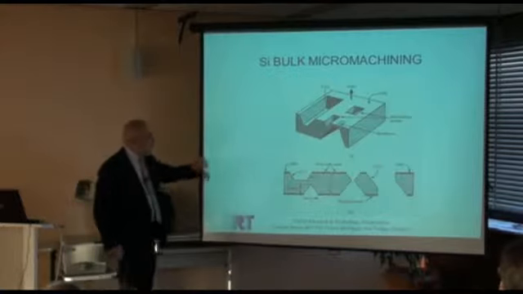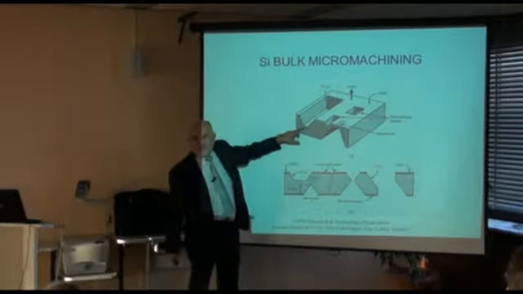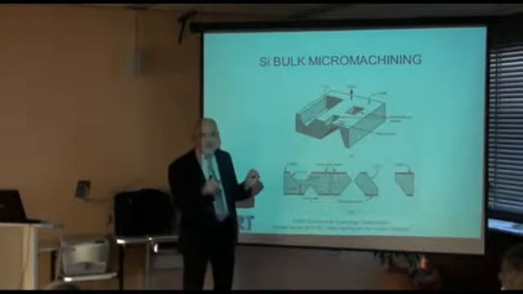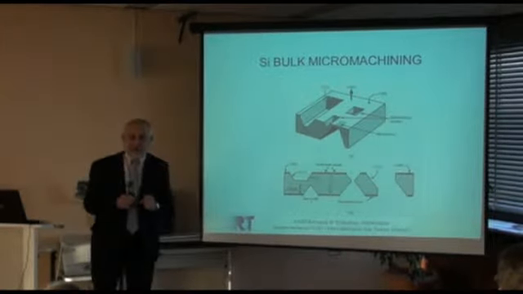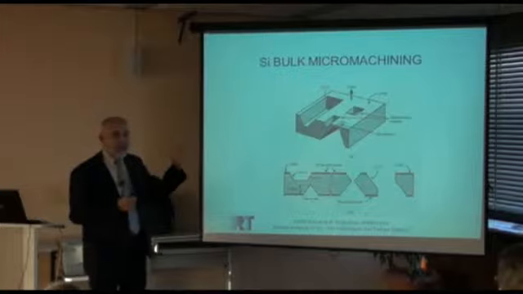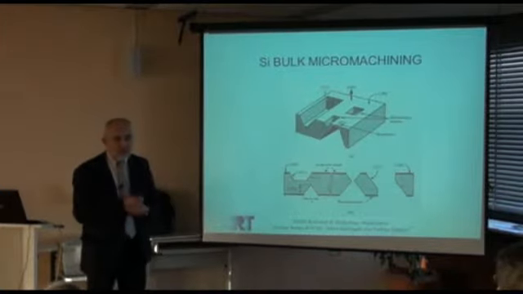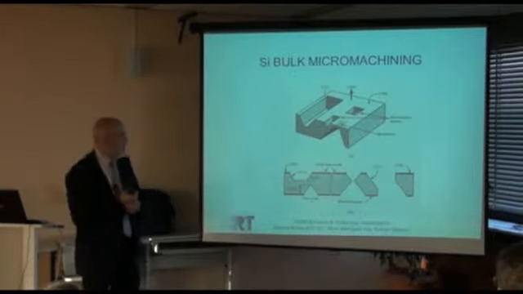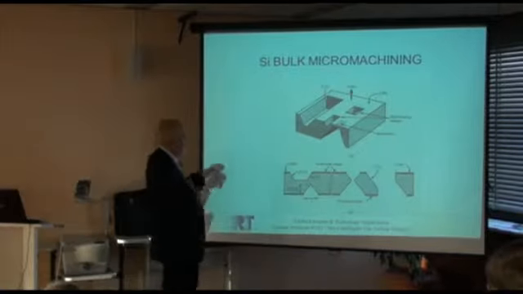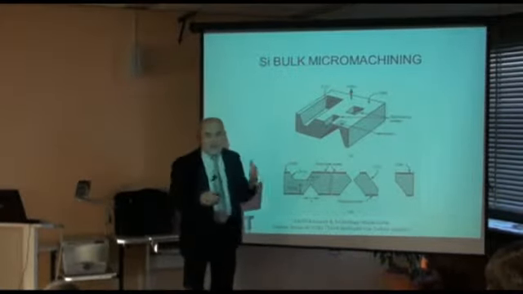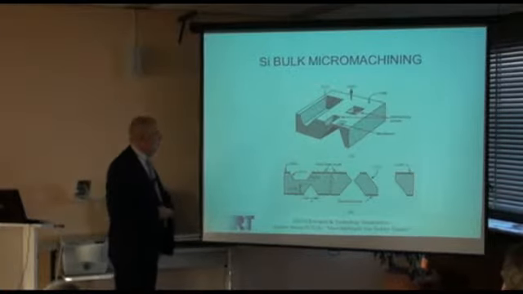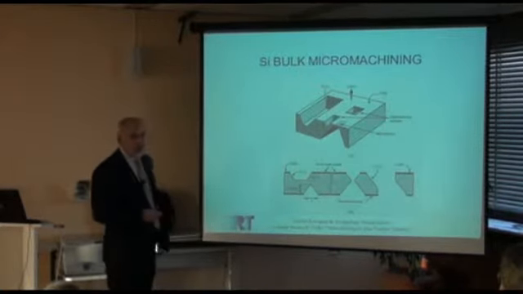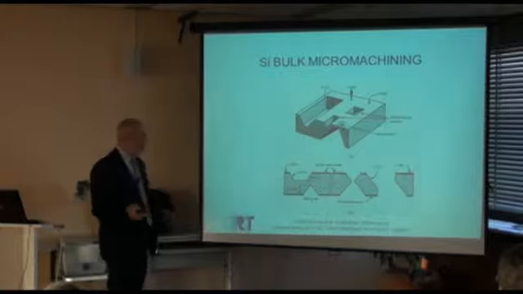Absolutely perfect. This surface is mirror-like, absolutely mirror. So one could build these things. The first sensor, as a matter of fact, ever built and commercially sold was a bulk machined microaccelerometer, and that company now belongs to Lucas Aerospace. It changed hands a lot.